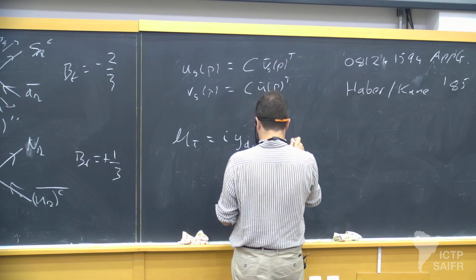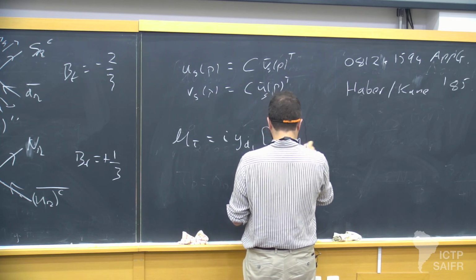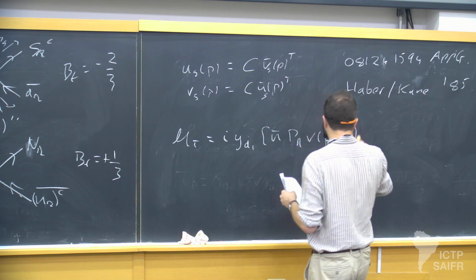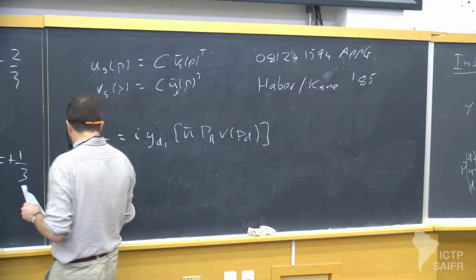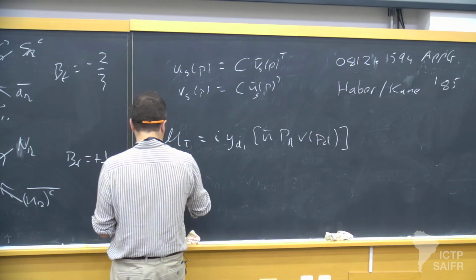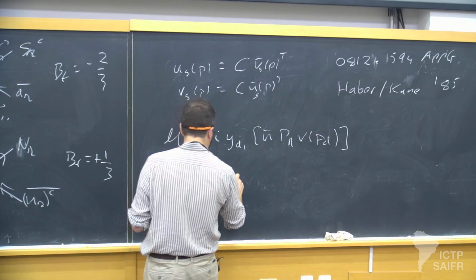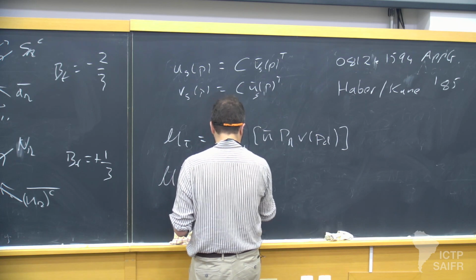This is just the matrix element. Okay? And the complex conjugate will be negative i, y_d1 star.